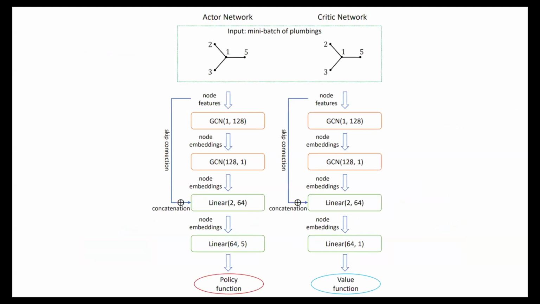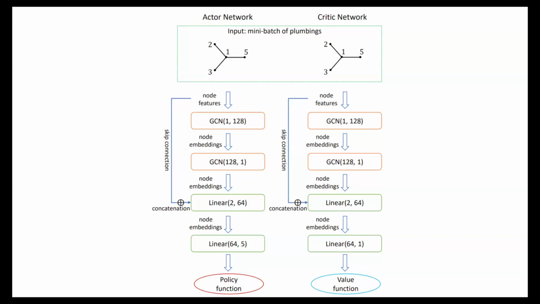So here's the workflow of the actor network and critic network. They have the same structure. We just use a GCN network, and replacing this GCN with GIN or GAT doesn't improve the performance too much.